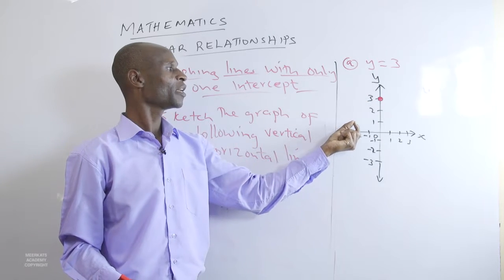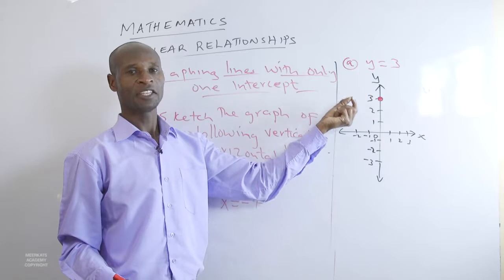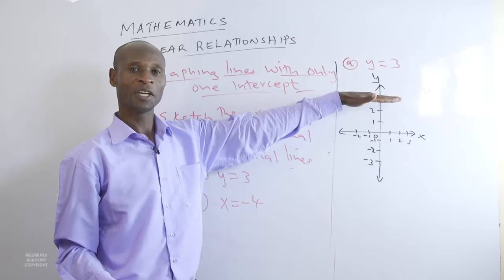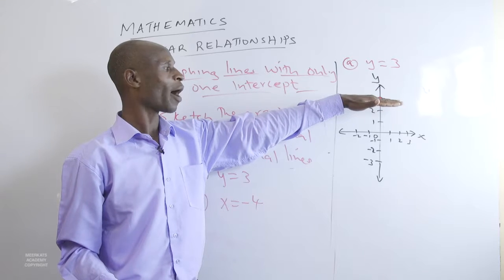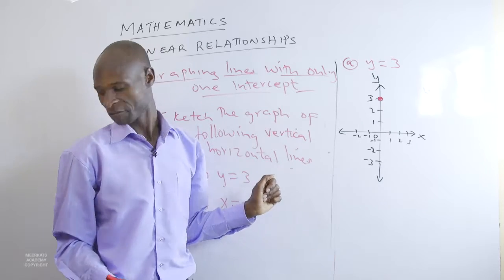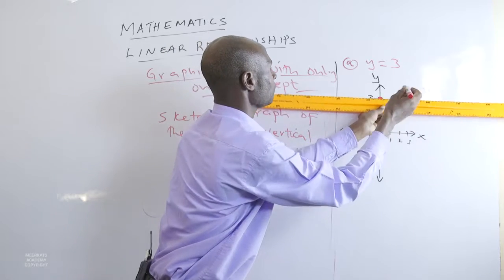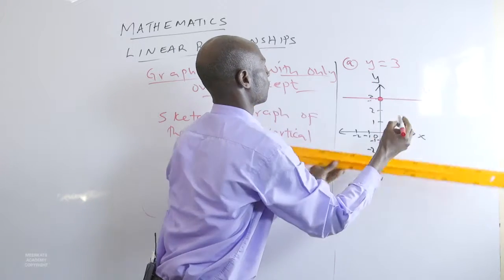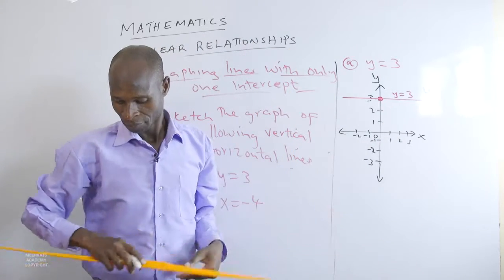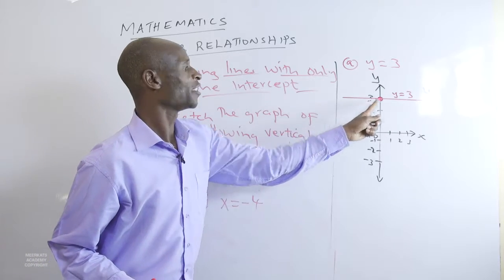So you can say the y-intercept is 3, but that line is parallel to the x-axis, and therefore we draw a horizontal line passing through y is 3 and parallel to the x-axis. That will be our graph. So this is the line y is equal to 3.